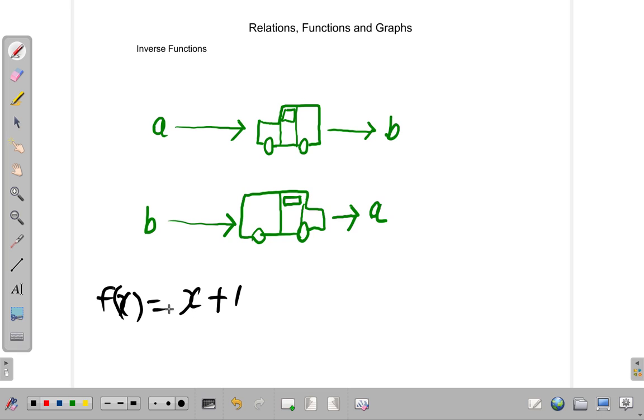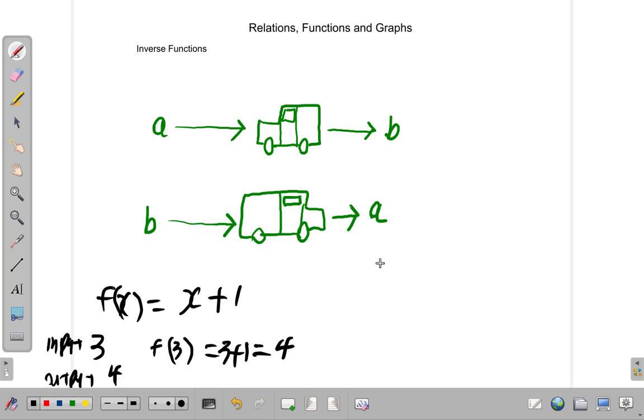This is a function. Let's put, let's say, 3 into the function. Our input is 3. Now, what we're finding is f of 3. And we say f of 3 is 3 plus 1 equals 4. So, you put in 3 and the output is 4.